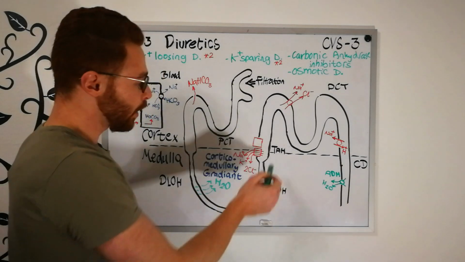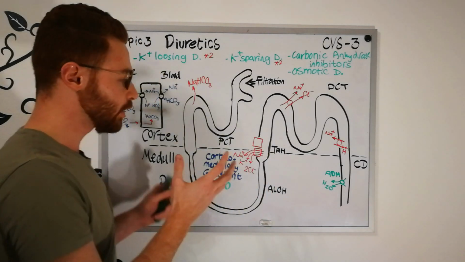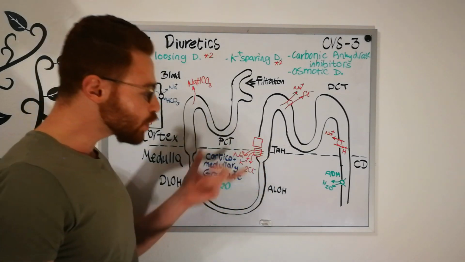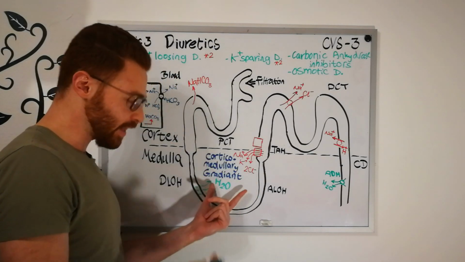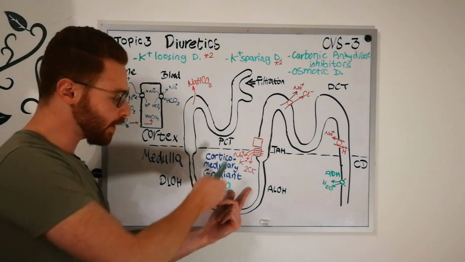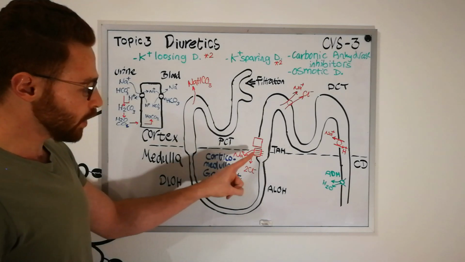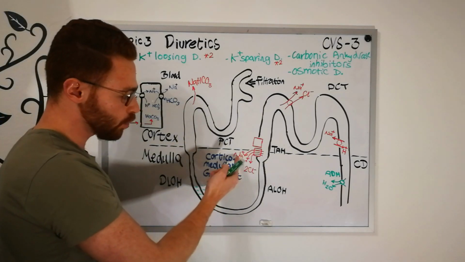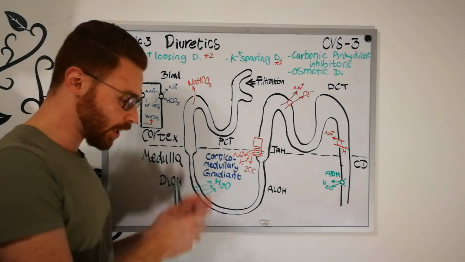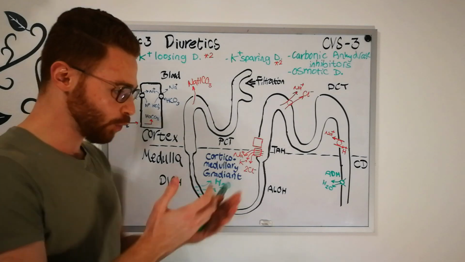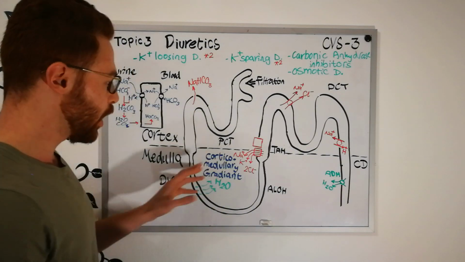Now, in the thick ascending loop of Henle, we have a transporter that is responsible for creating the osmotic pressure in the medulla that drives the passive absorption of water. It absorbs sodium, potassium, and 2 chloride ions at once. So every time it works, it absorbs 1 sodium, 1 potassium, and 2 chlorides into the medulla.